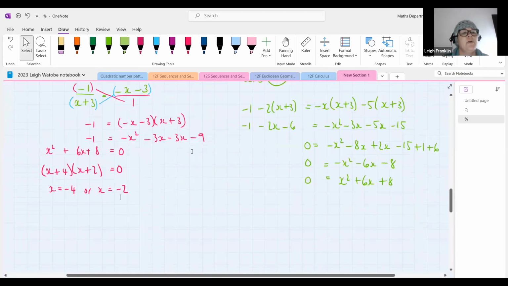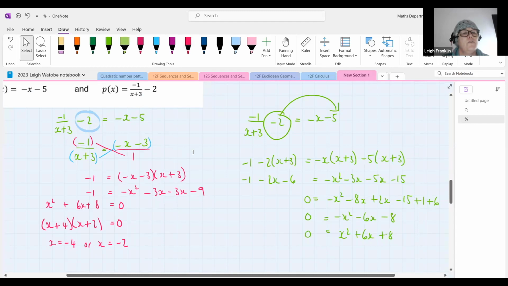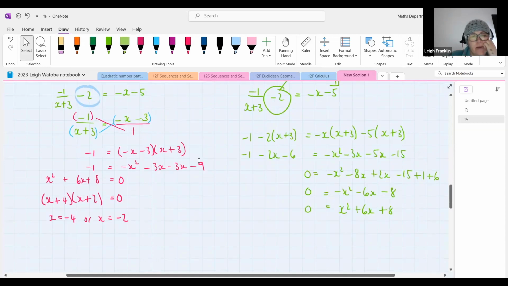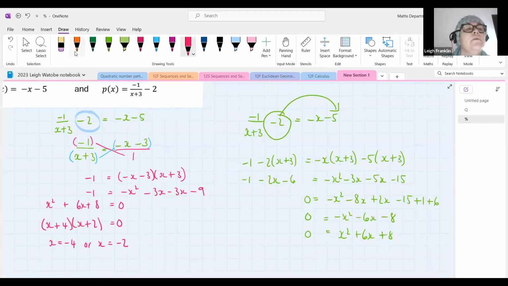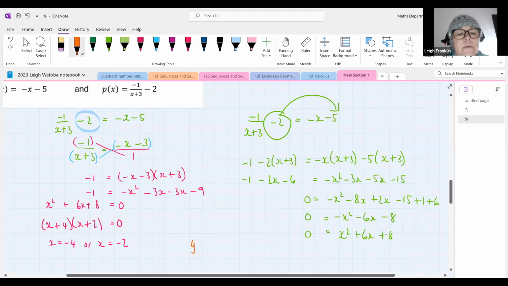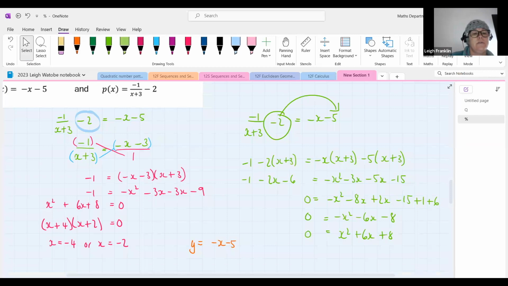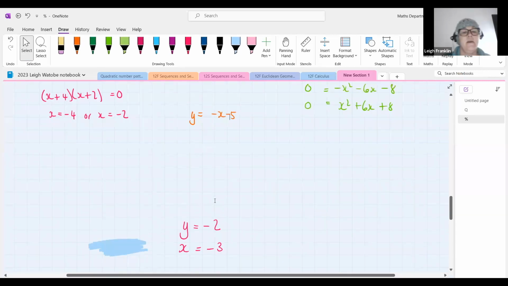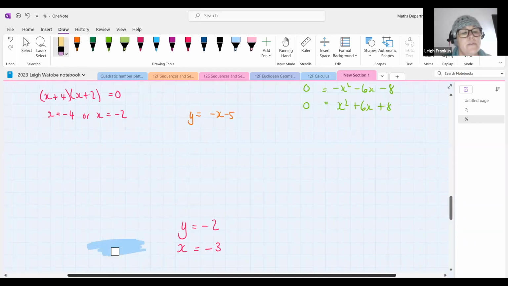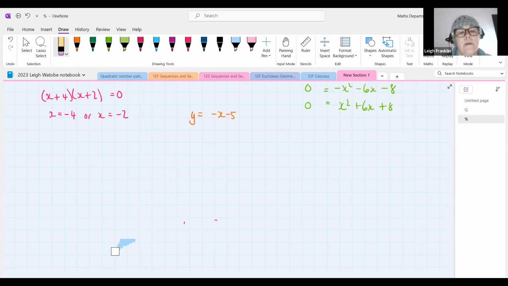And now we need to go and solve for our y value. You can either sub into the hyperbola or into the straight line. It's just easier to sub into the straight line. So I'm just going to write that down. This is the pink.